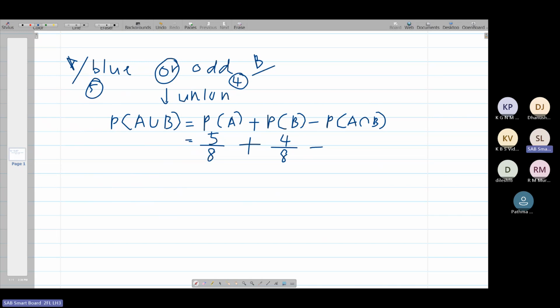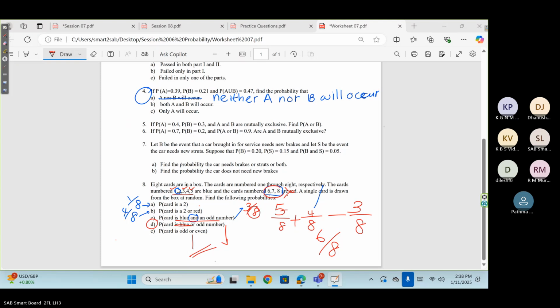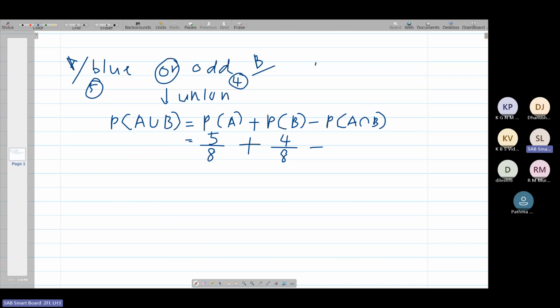Then the intersection means blue card and odd numbers. 1, 2, 3, 4, 5 cards are blue. Then we need to find the blue cards that are odd numbers. Here, 3 odd numbers. Therefore, we deduct 3 over 8. Then the answer is 6 over 8. Is it clear? Yes, Miss, it's clear. Thank you. Okay.